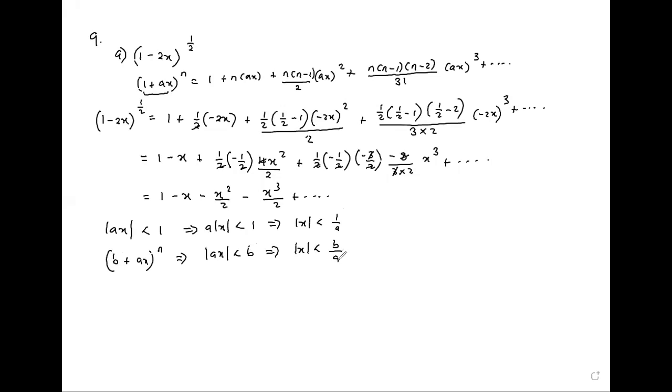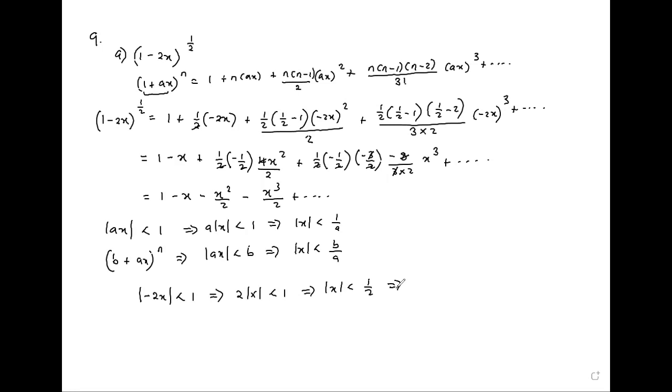In our case, we have the simplest case. We just get the modulus of negative 2x less than 1, implying that 2x left alone will be less than 1, so the range of values of x for which the expansion is valid is only for the modulus of x less than half. This is an interval.